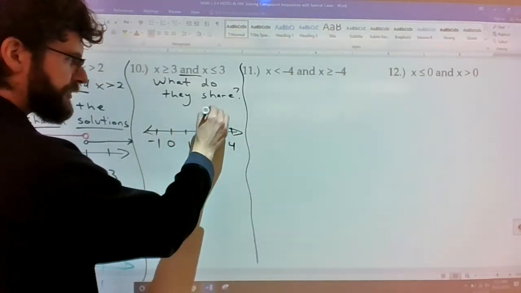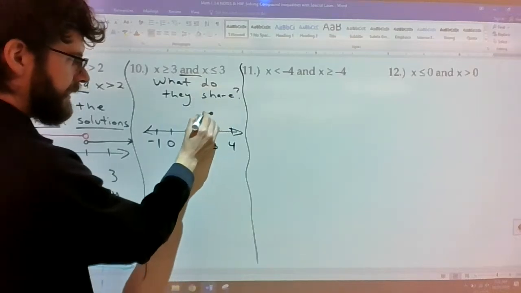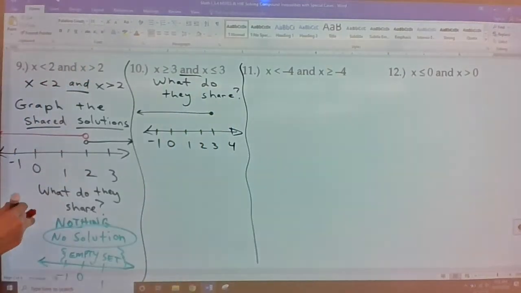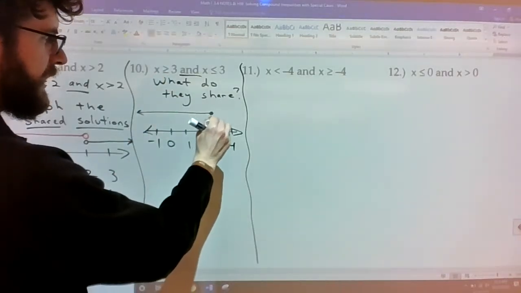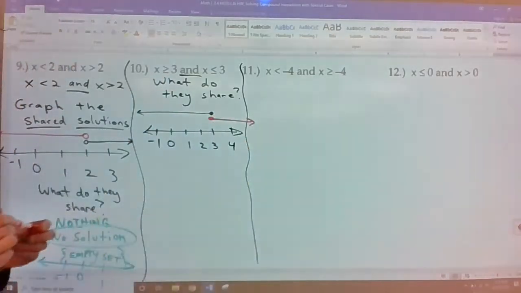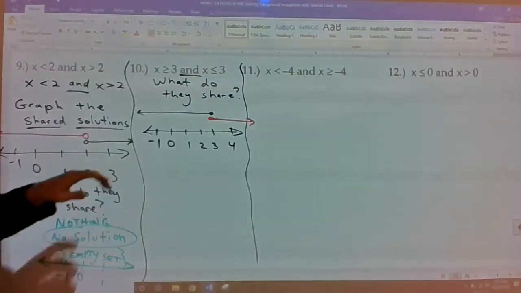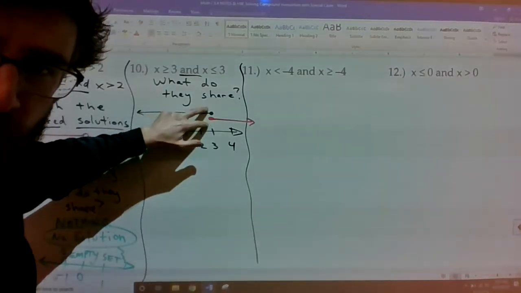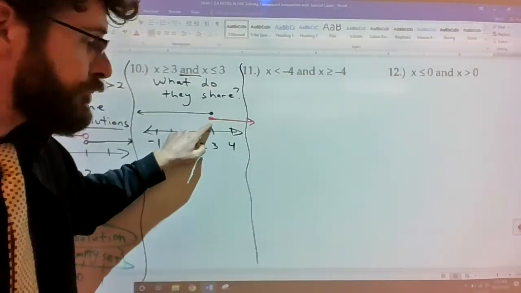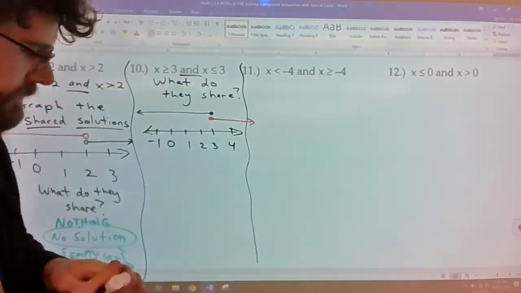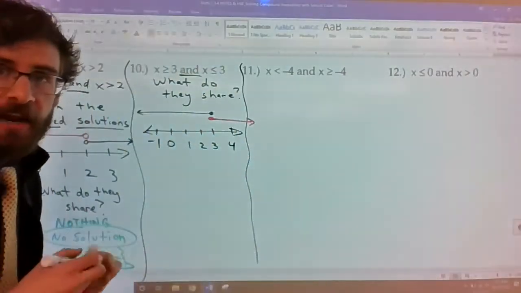I'm going to put a closed circle at 3 for my black ink: x is less than or equal to 3. For my red ink, I'm going to go x is greater than or equal to 3. Since they're both closed circles at 3, but they're going in opposite directions, they actually do share x equals 3. So where's my green marker? They share x equals 3.